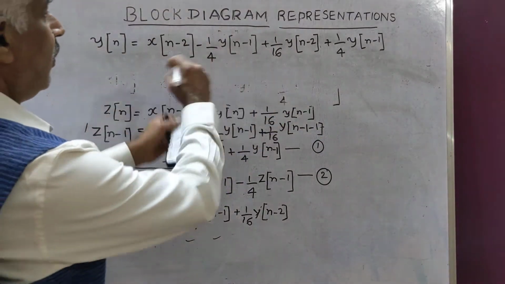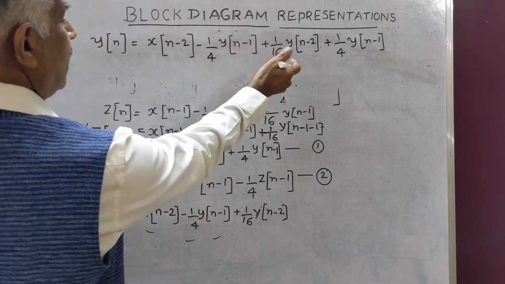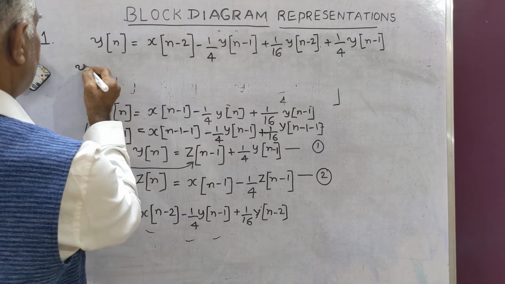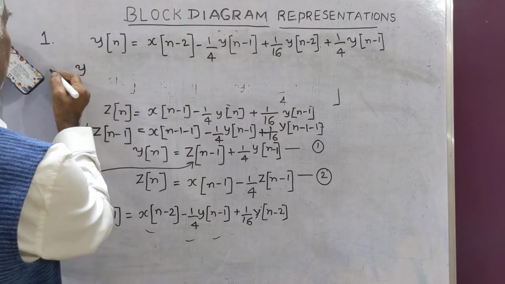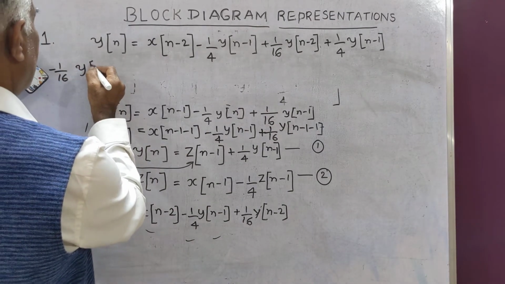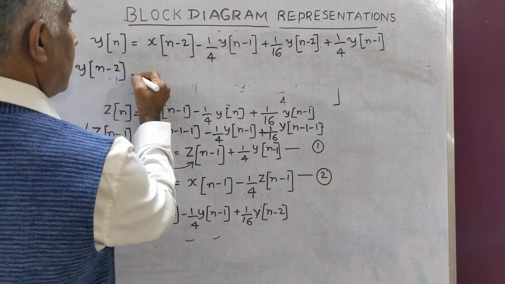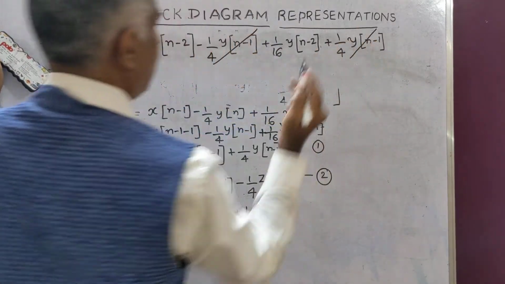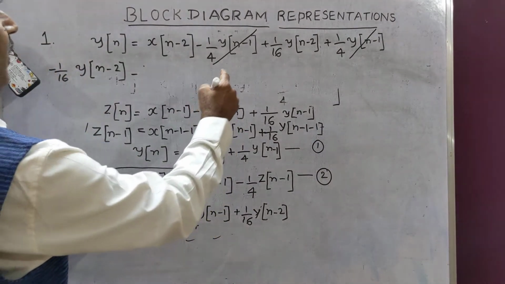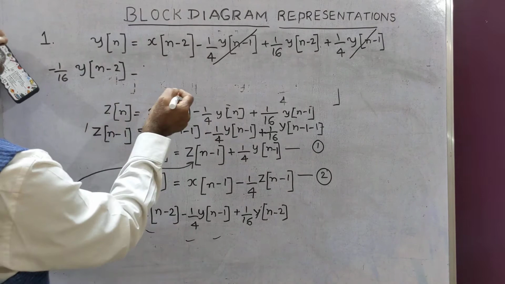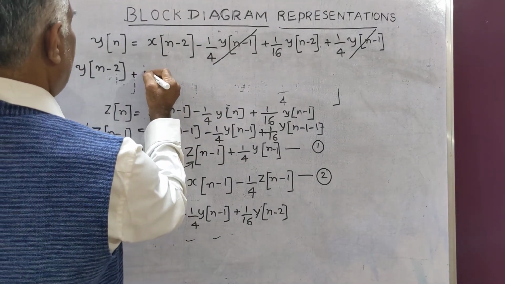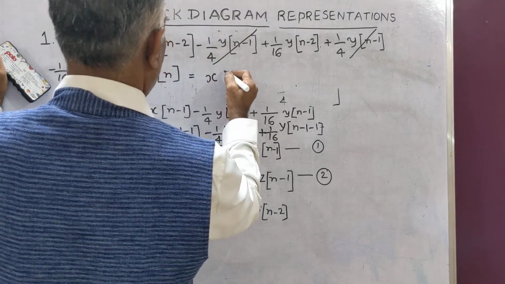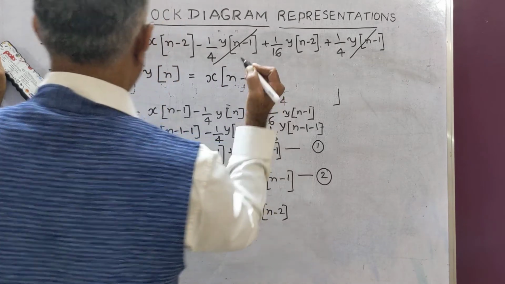Now shuffle the terms. The minus 1 by 4 y of n minus 1 and plus 1 by 4 y of n minus 1 cancel. Therefore, we are left with y of n minus 1 by 16 y of n minus 2 is equal to x of n minus 2.